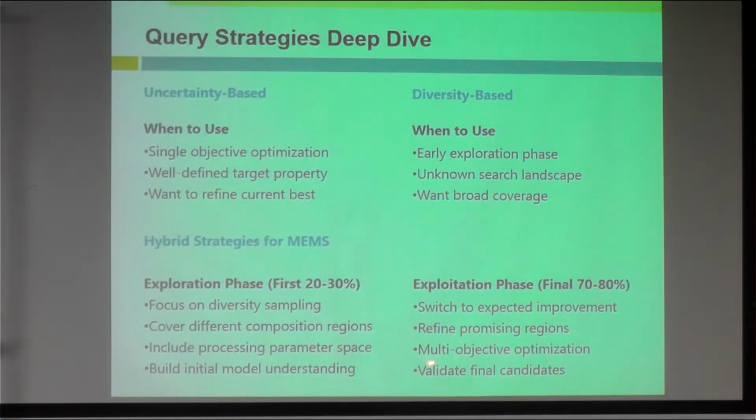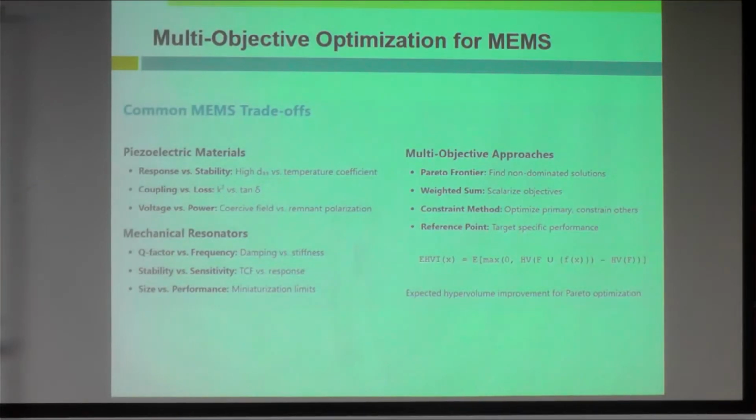Then multi-objective optimization, with maybe conflicting or different properties of the material. Then you validate the final candidates of the property. So common MEMS trade-offs, this is another example. For example, piezoelectric material: if you want to screen and optimize piezoelectric material, you have to look into the trade-off of response and stability.